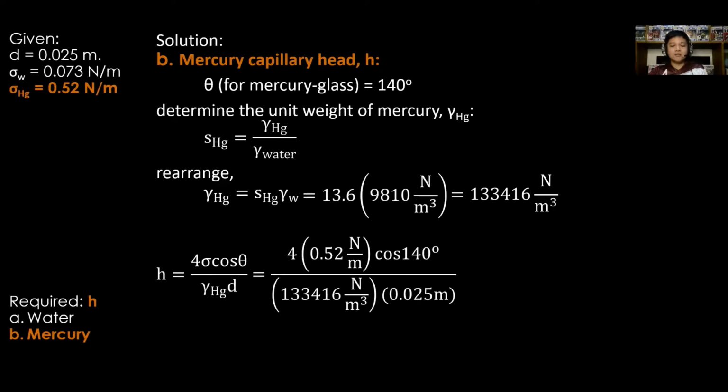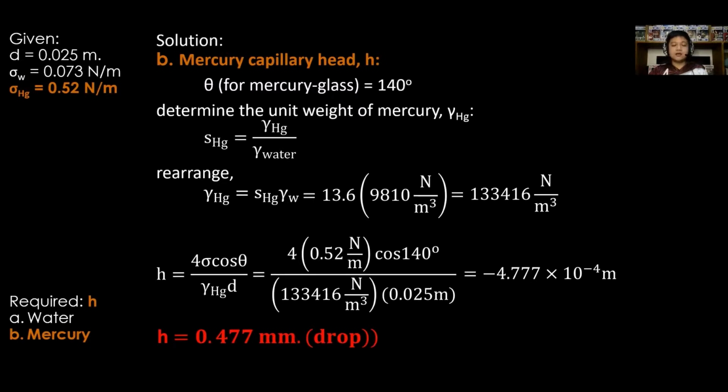Thus, H for mercury is negative 4.777 times 10 raised to negative 4 meter. Negative means it is a capillary drop or depression. And if we multiply this with 1,000 for it to be converted to millimeters, our final answer H is 0.477 millimeter, and replace negative sign as capillary drop.